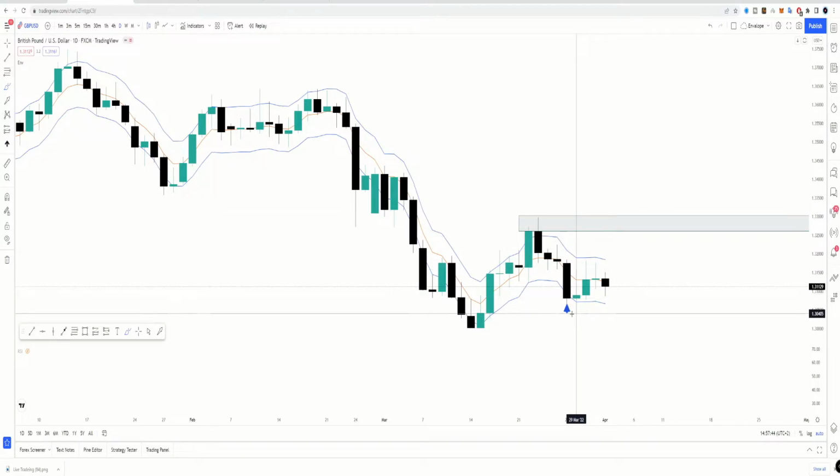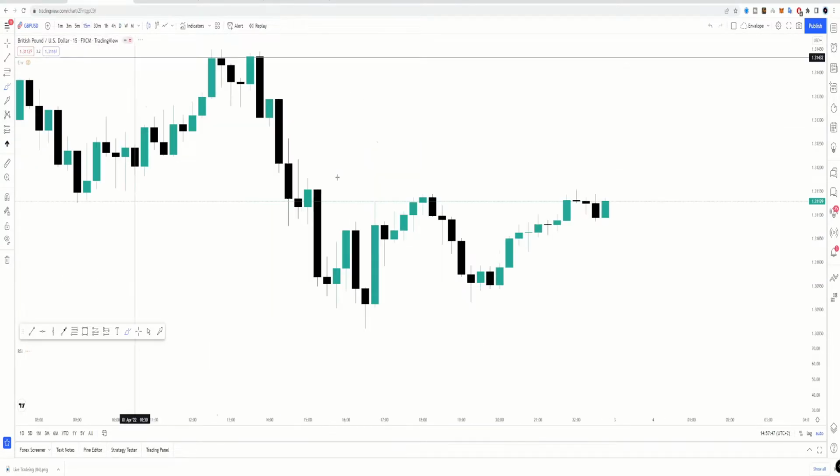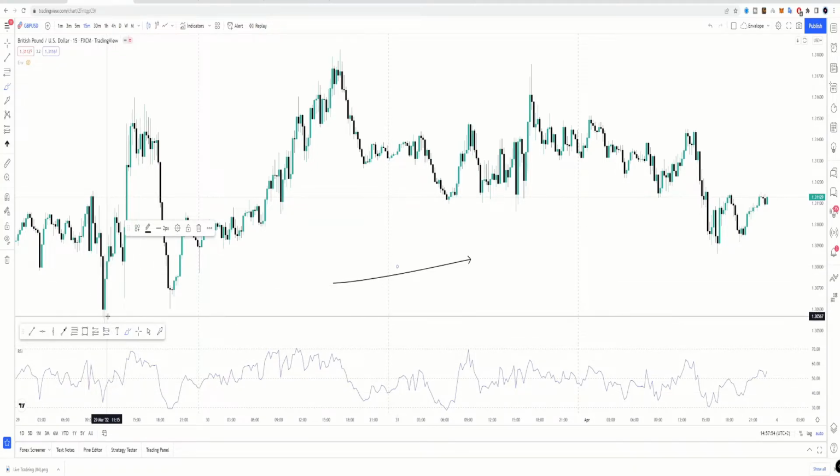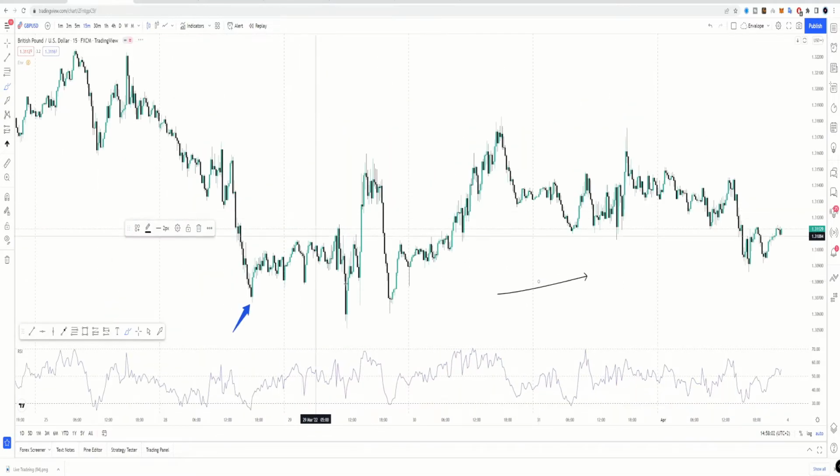But if we do zoom in on the 15-minute here, just to see for any of us who are bullish on the cable, we can see here that we don't get any sort of divergences. Prices are making higher highs, and this is not a divergence we are looking for. So there is no setup there. Yeah, these are the lows here.